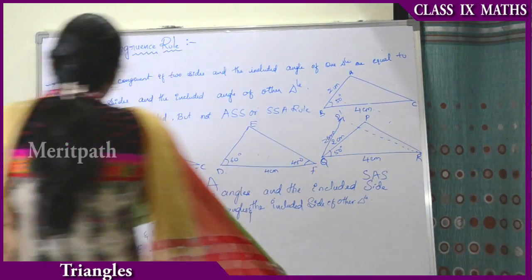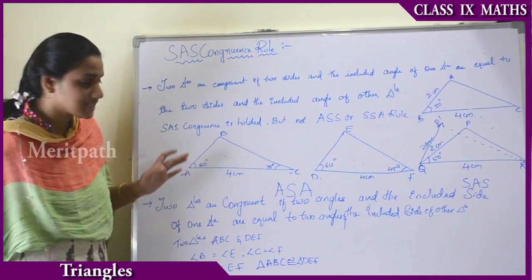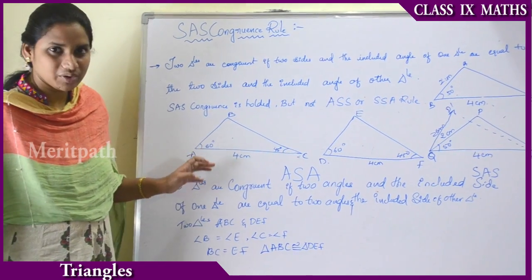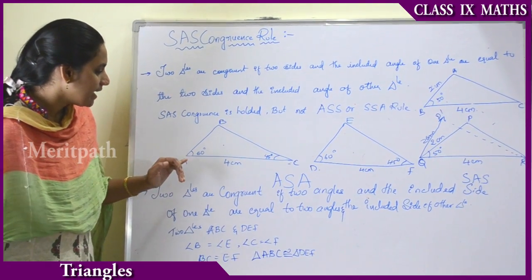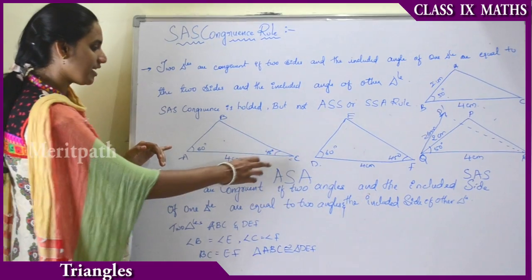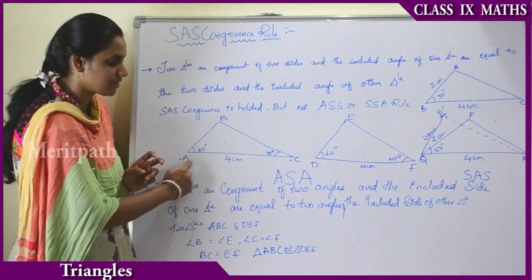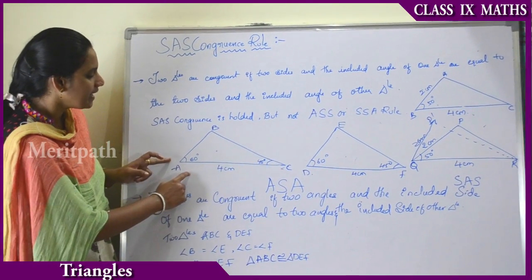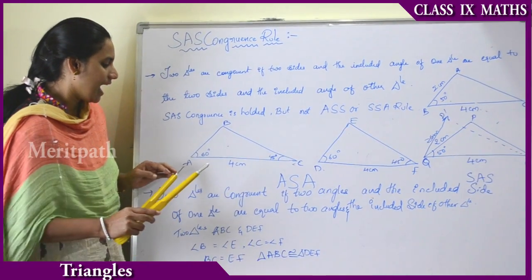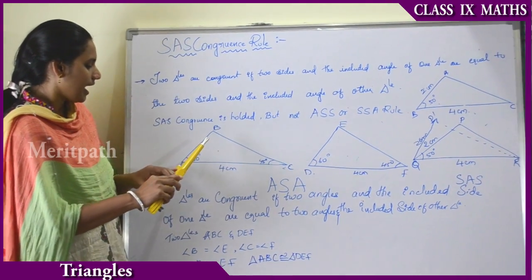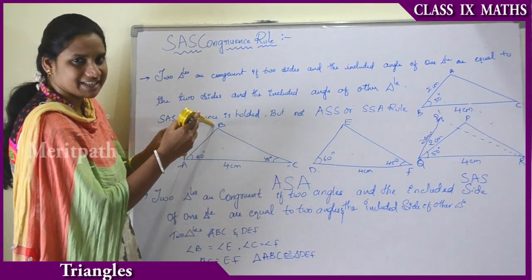Now let us see the ASA congruency rule of triangles. This is the second rule, and I have previously said that we have taken the bases the same for these two triangles, that is 4 centimeters for AC and DF. But here I am keeping at the first endpoint of the baseline and drawing the angle of 60 degrees, right?